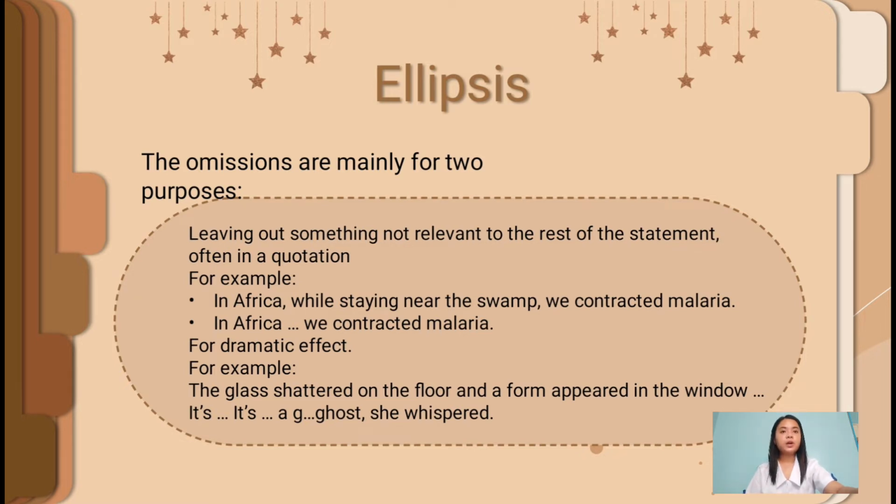So the omissions are mainly for 2 purposes. We have here leaving out something not relevant to the rest of the statement, often in a quotation. For example, in Africa, while staying near the swamp, we contracted malaria. So in using ellipses, we have in Africa, then 3 dots, we contracted malaria.